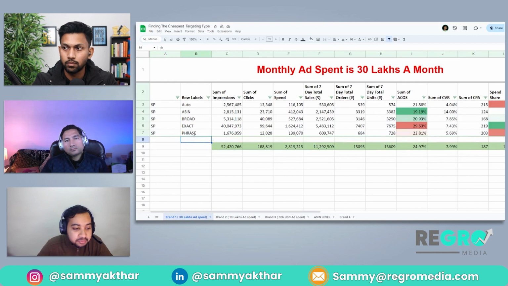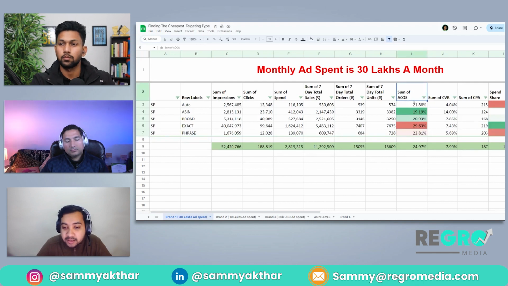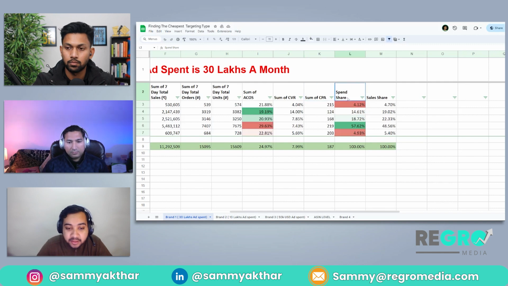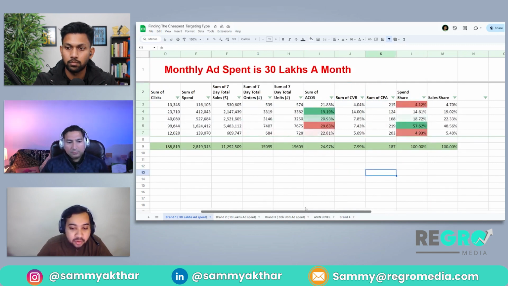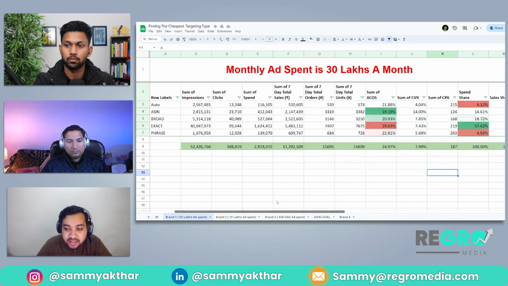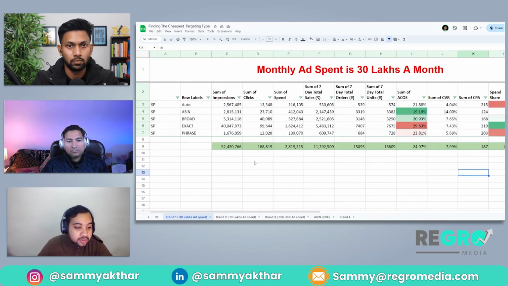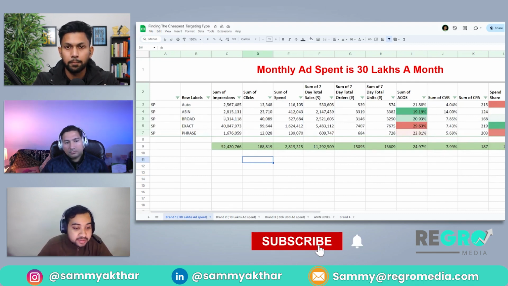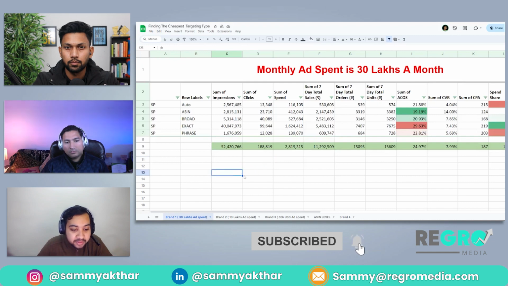We have all the stats here: impressions, clicks, spend, sales, orders, units, ACOS, conversion rate, cost per acquisition, and then spend share and sales share. All of these KPIs are required to determine whether we are performing good in a certain match type or not. So let's just jump into the discussion.